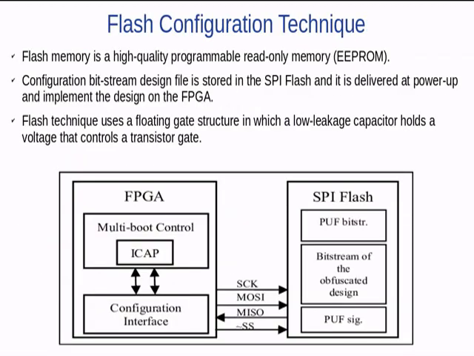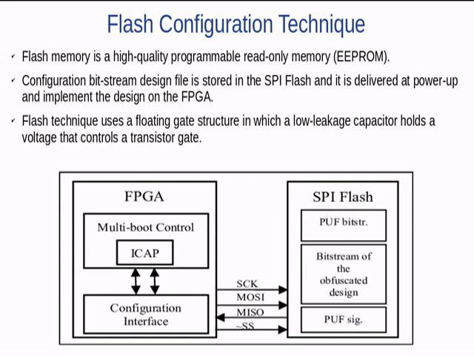The third and most important technique is the flash configuration technique. Flash memory is a high quality programmable read-only memory, which is a class of EEPROM. The configuration bit stream design file is stored in the SPI flash and it is delivered at power up and implements the design on FPGA as shown in the figure.